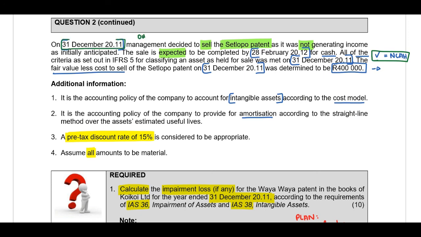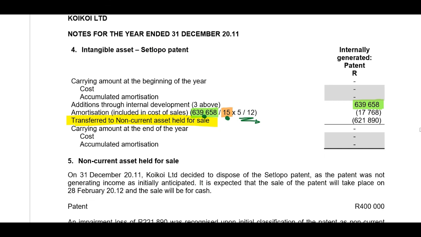Therefore, we will have to take this out. If we take this out in our note, we need to deduct this, and we take this out. Look at this, brackets. This will be the cost minus your amortization.